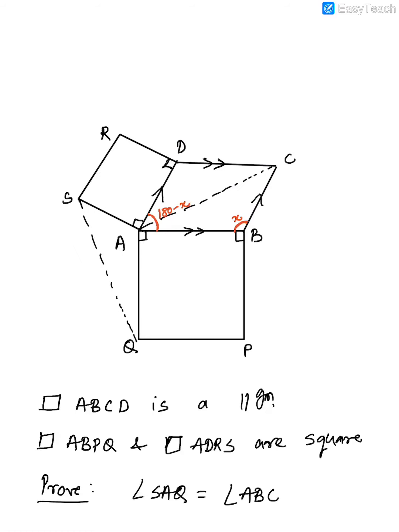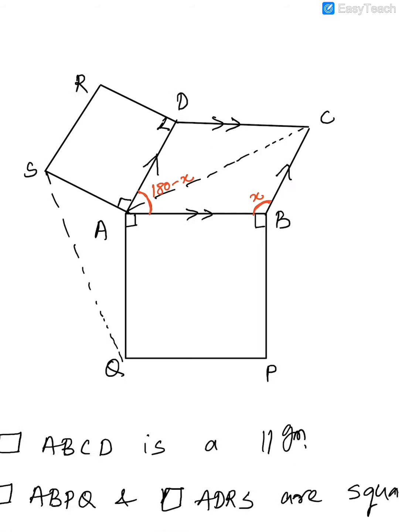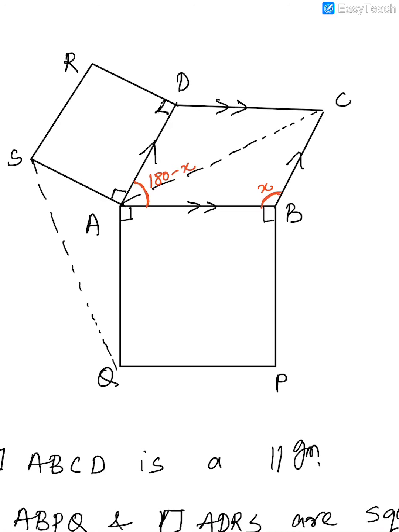Now what is the sum of all the angles about a point? It's 360. Use that property and find out this angle. When you solve it, sum of all angles about a point is how much? 360. So when you use that property, this will come as X. So now therefore both the angles are what? X and X. We have proved SAQ is equal to ABC. So we have done the first part of the problem.